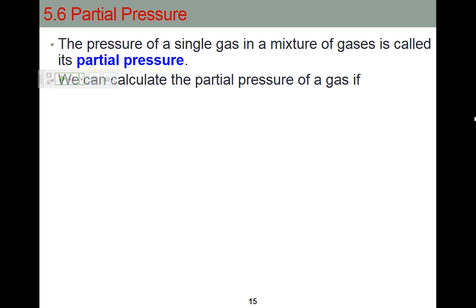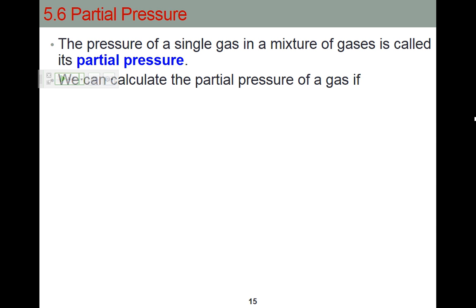Now, even though volume is going to be the same, we do have to consider pressure. So the pressure of a single gas in a mixture of gases is what we call its partial pressure. And pressure is going to be additive. Volume's not. Volume's always equal, but pressure is.